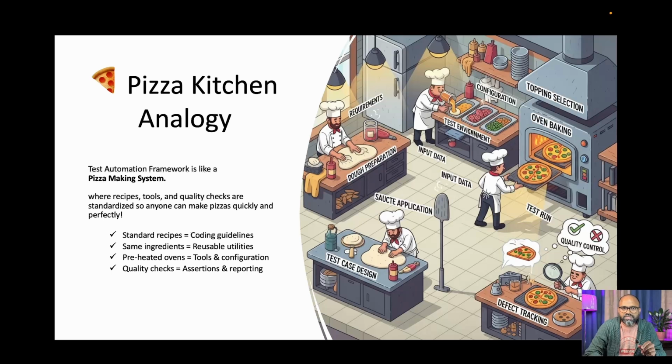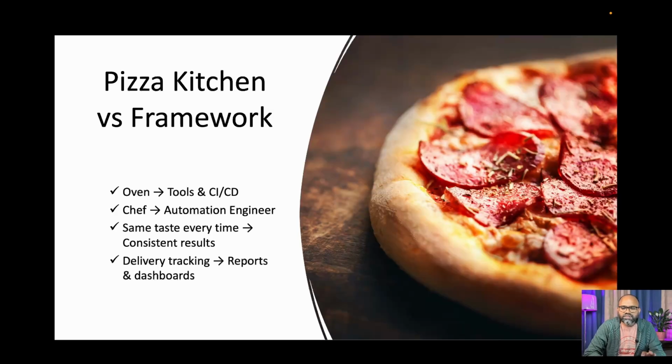This is just a small comparison, pizza kitchen versus a framework. The oven is like a tool, and the chef is like an automation engineer, and we get the same taste every time, right? That is nothing but consistent results. We'll talk about this later. And delivery tracking is reports and dashboards, right?